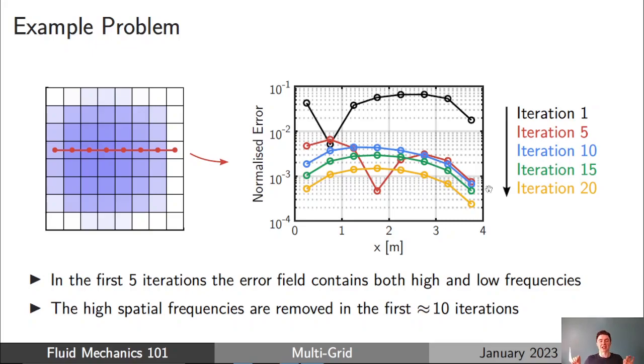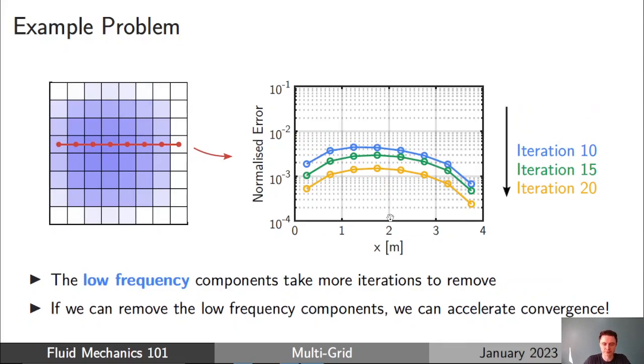And of course, it's lowest at the edges of the domain because that's where the boundary conditions are, and the boundary condition effect is propagating inwards, and that's why we have the peak in the middle and the lower values at the outside. And as we go down to approach convergence, the distribution, the low spatial frequency, is still present, but the number is reducing and we're getting closer and closer towards 0.